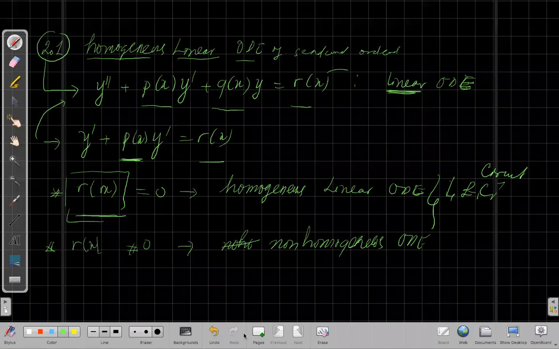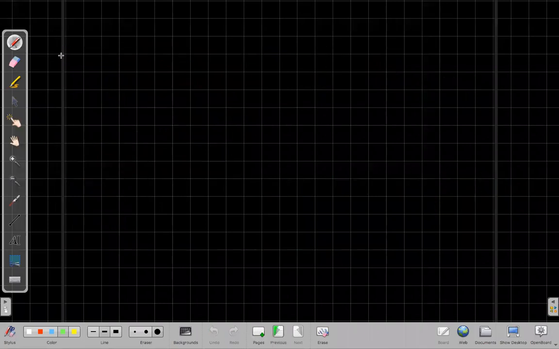For example, we have y double prime plus p(x) y prime plus q(x) y equal to 0.